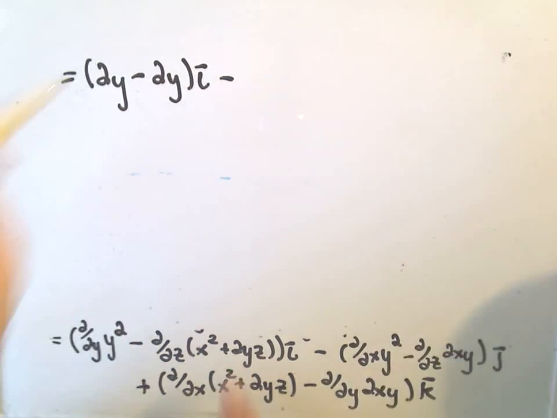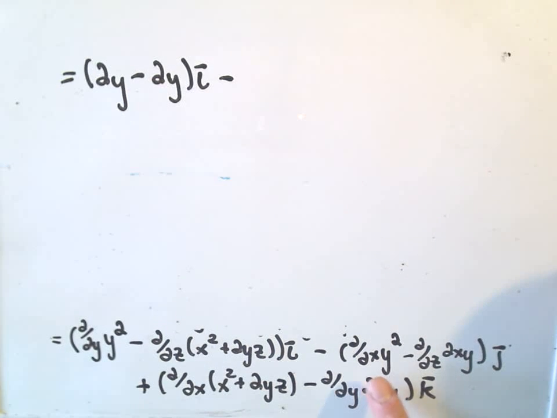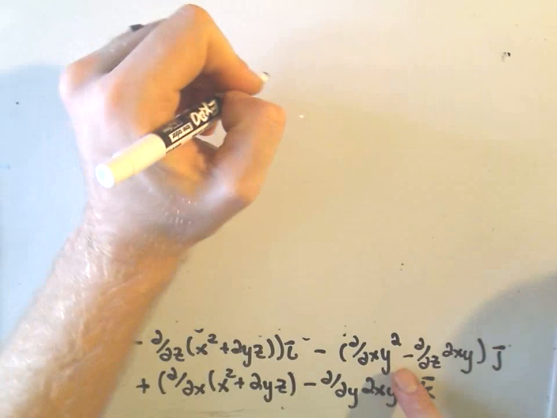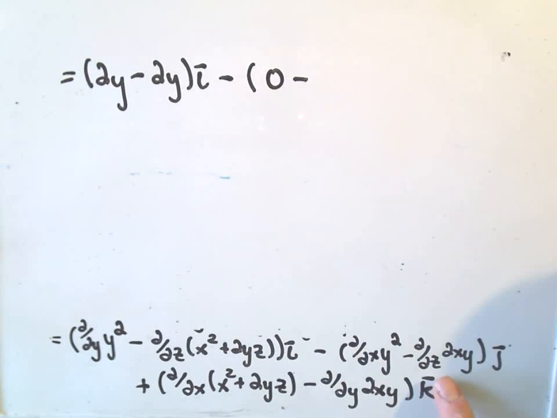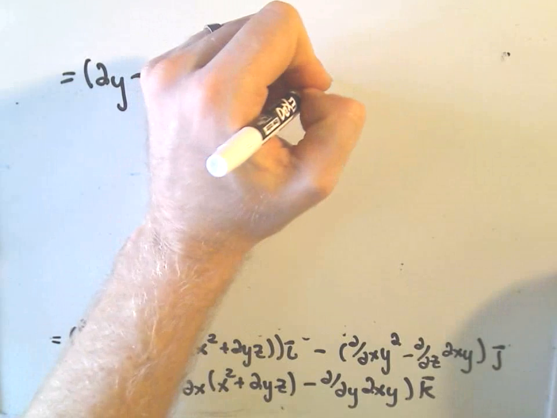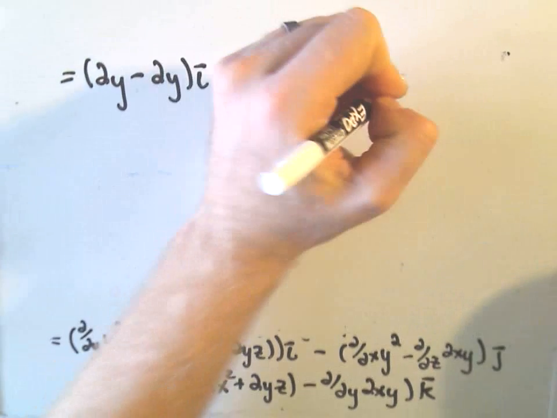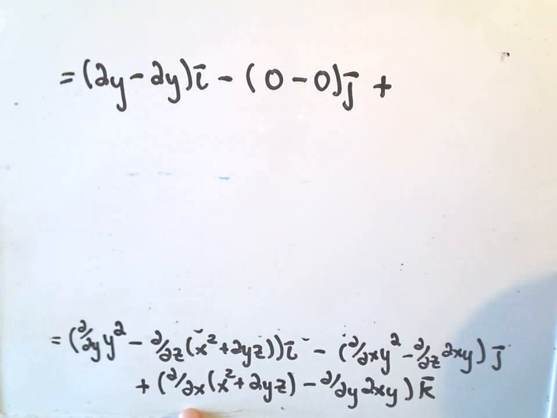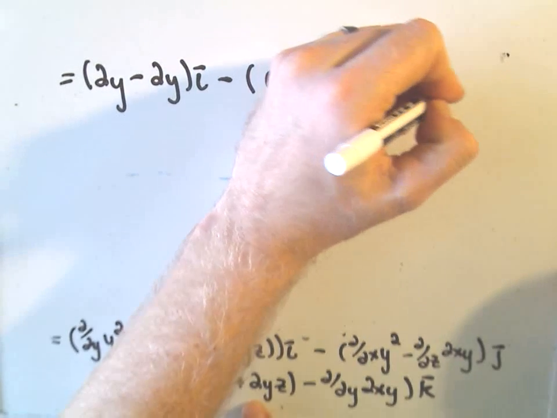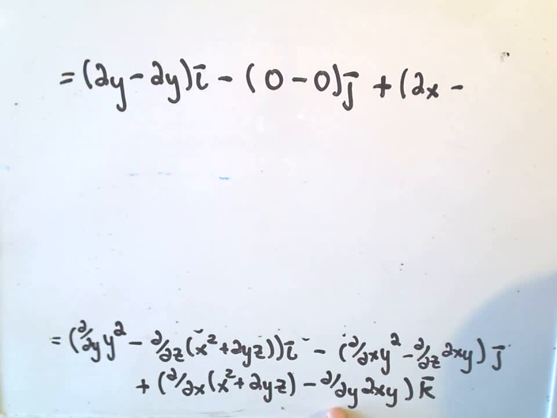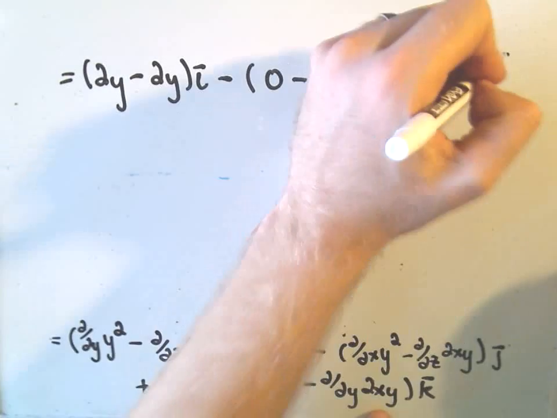That's the i component. Then the partial with respect to x of y squared is simply 0. The partial with respect to z of 2xy is also 0. So far so good. And then the partial with respect to x of x squared plus 2yz is simply 2x, minus the partial with respect to y of 2xy, which is simply 2x.